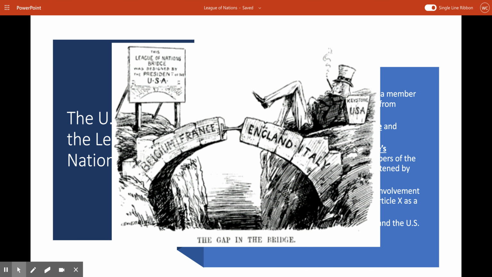And this is odd because in the Treaty of Versailles, it was Woodrow Wilson, the president of the United States, that suggested the League of Nations as part of his 14 points. So the missing keystone demonstrates how difficult it will be for the League of Nations to function without having the United States as a member. Remember, it was a Republican majority in Congress that blocked the United States' entry into the league, not President Wilson.